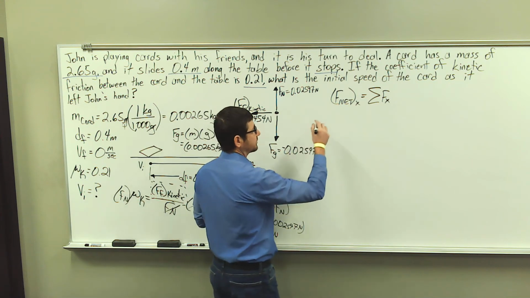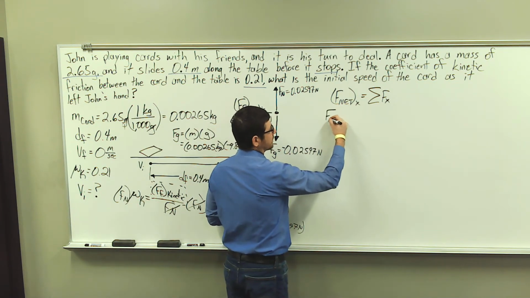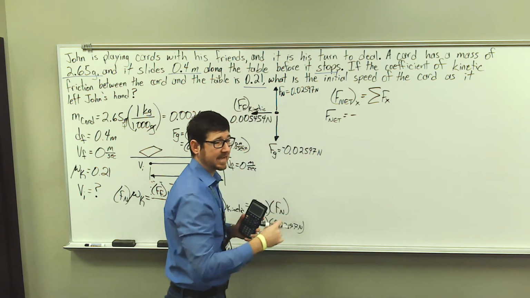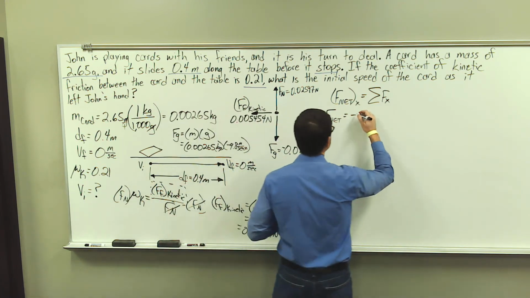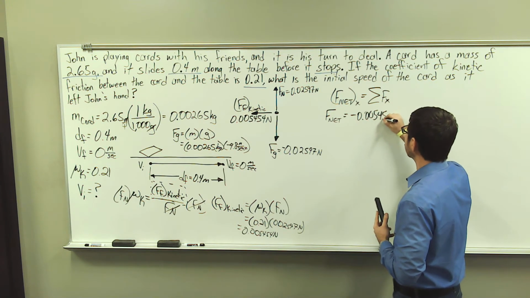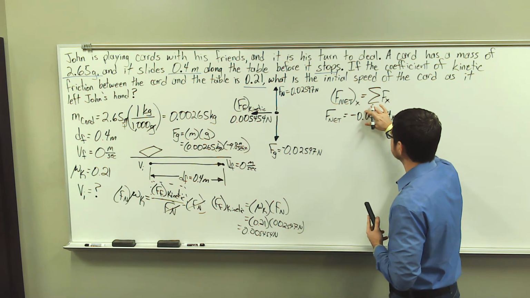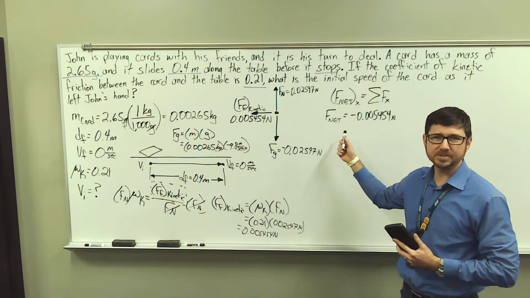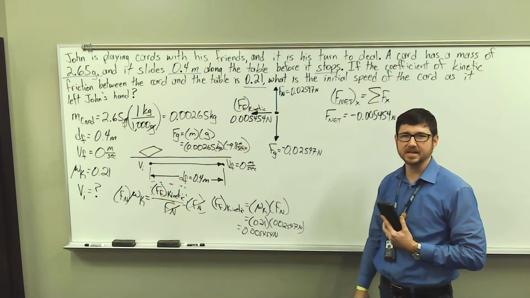So the net force applied to the card is going to be negative, in the x direction, negative 0.005454 newtons.